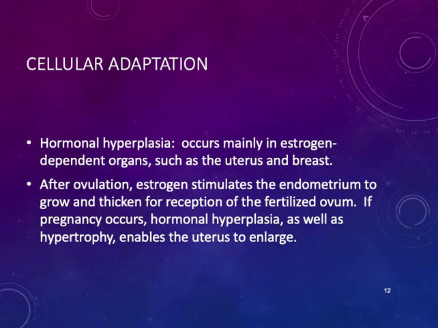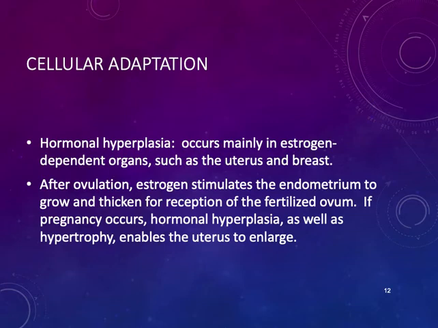So it's preparing for the ovum to implant. If pregnancy does occur, then you get more hyperplasia and hypertrophy because it supports enlargement of the uterus. So this is an example of a physiologic hyperplasia, and in this case, it's obviously normal.